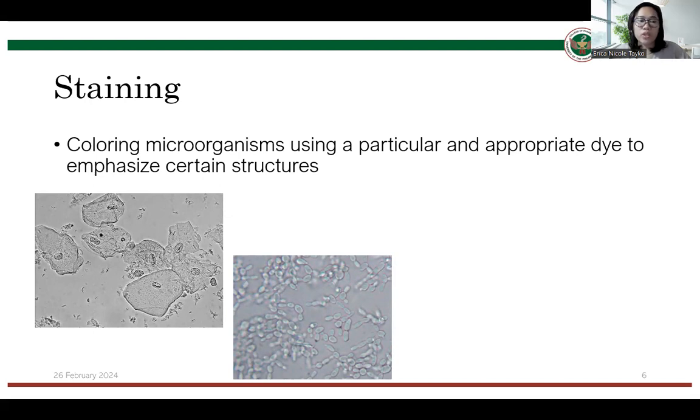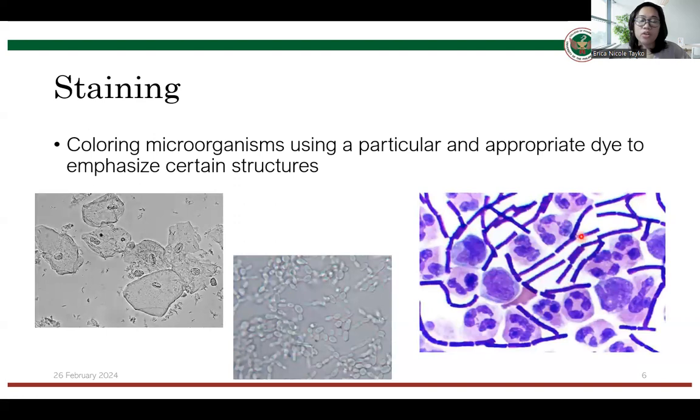So they will just look similar to what you see in the picture, colorless cells under the microscope. And then when we finally place suitable dye or stains, they would now look like this, they now have color. So you'd be able to appreciate them better and visualize the structures better as well.